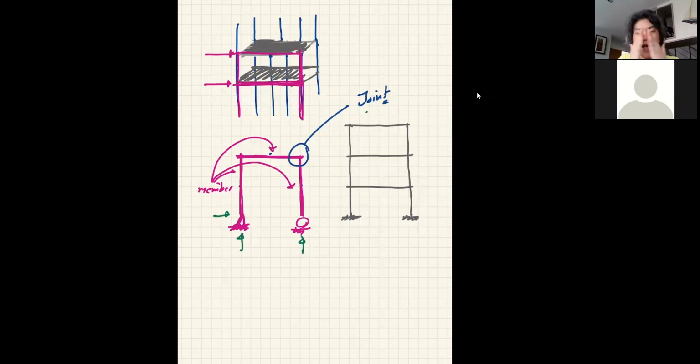We have the typical load transferring system starting from the 2-dimensional problem first, and then we move on to a slightly more complicated system where we have more than one member to form the structure that we generally call the frame. Because if we don't have this, there is no way that our structure can resist the lateral load system.